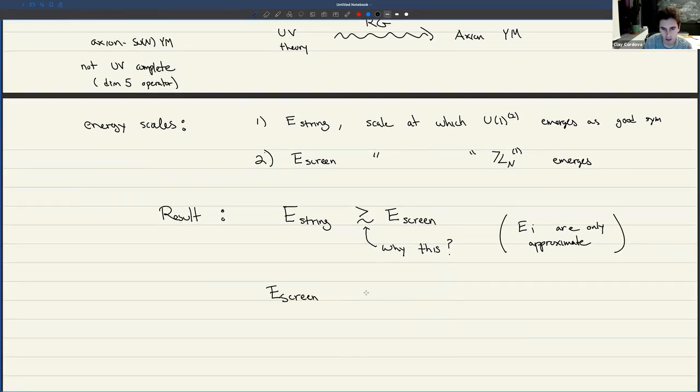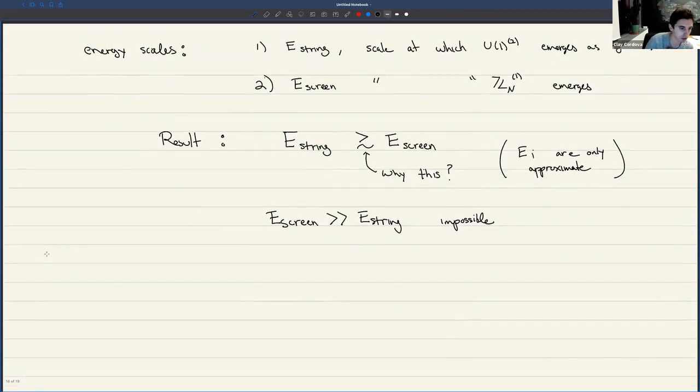So you can never have this. This is impossible. And this is a sharp statement. You can't parametrically separate E screen to be larger than E string in any renormalization group flow that terminates in axion Yang-Mills.